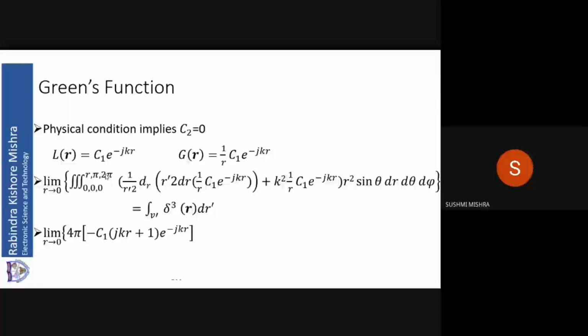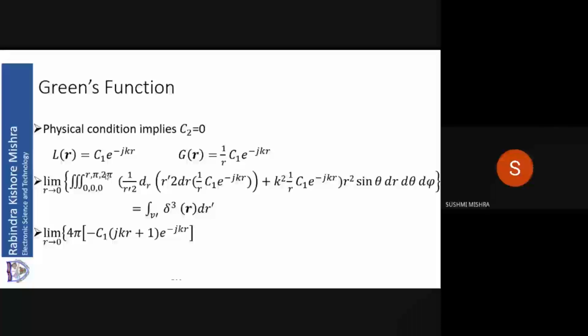Then for theta, I have only sine theta d theta. So integration from 0 to pi of sine theta d theta. The integral of sine theta d theta is minus cos theta, with limits from 0 to pi.